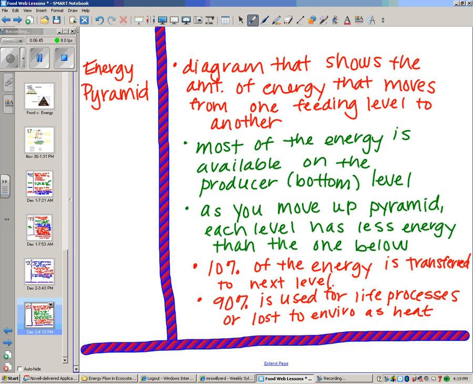And that's part of that 90% that you need to function. The 10% that you have left over is then passed to whatever would be eating that organism. And because, and I'm going to start a new page, which you might have enough room.